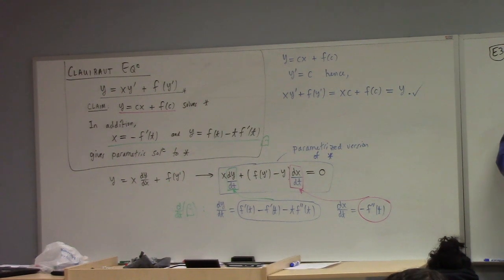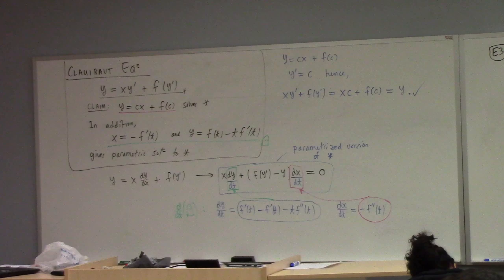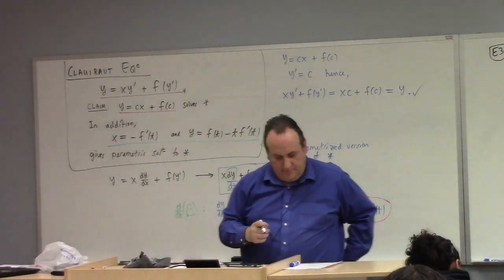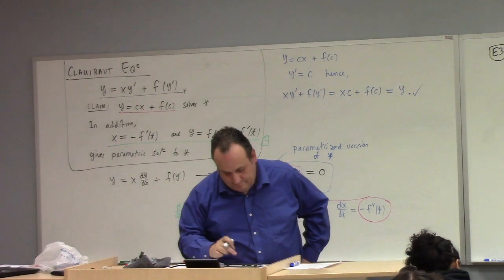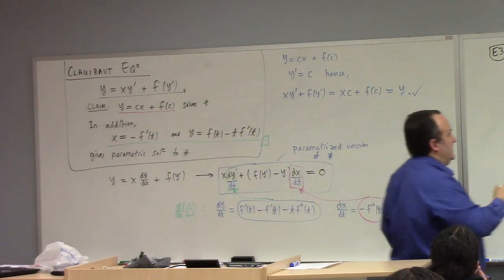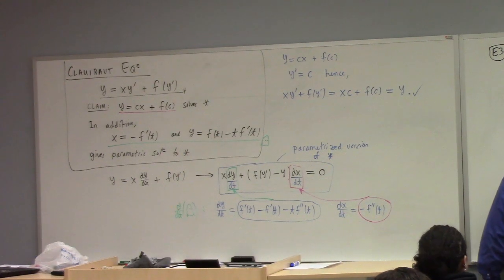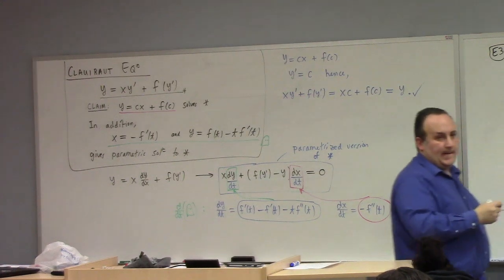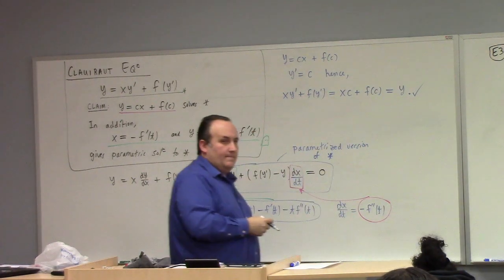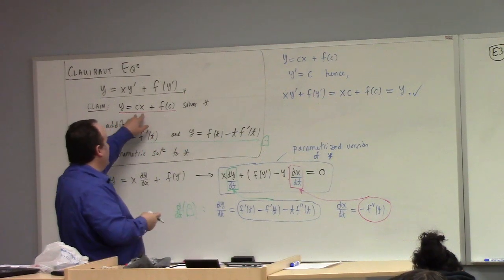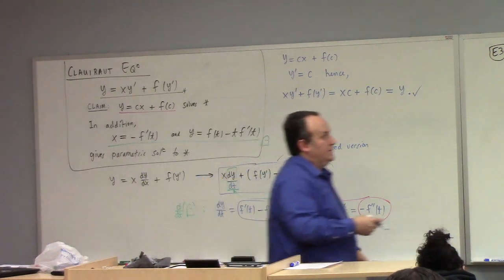With f of y prime equal to what? Not minus, but just 1/2 y prime squared, right? That's the function of y prime there. So this means that we find solutions. y equals what?